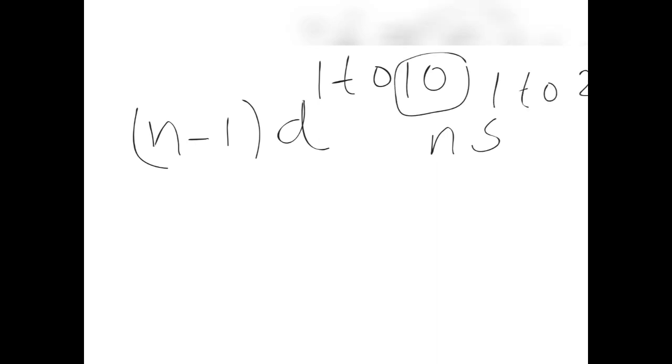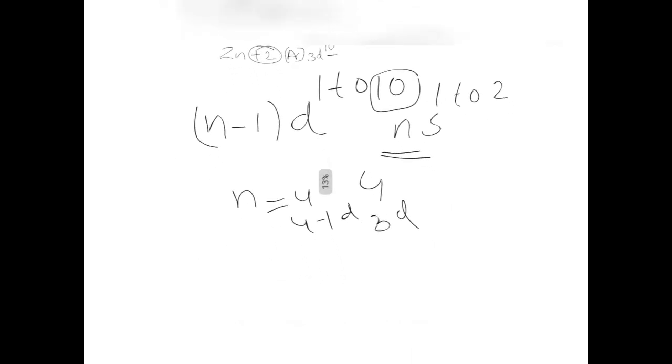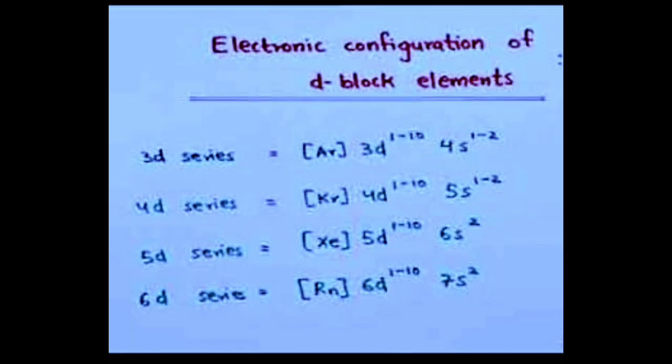Here n-1 means, if the outermost n is 4, then n-1 is 3, so 3D will come. If it is 5s, then it will be 4D. If it is 6s, then it will be 5D, and so on. All those things we are going to study later. First we will discuss the electronic configuration.